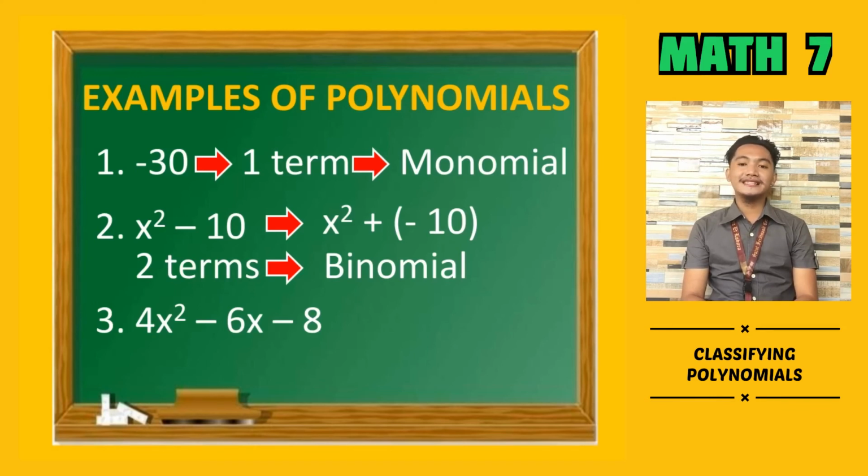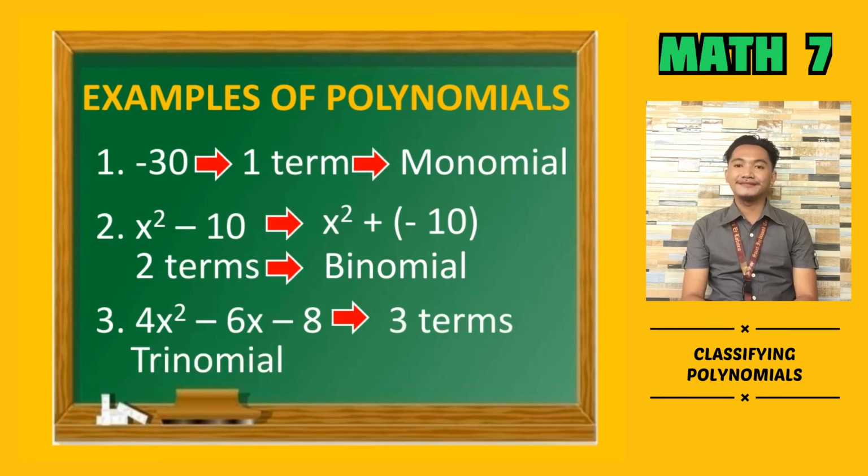It is just like saying that it is the sum of the monomials 4x squared, negative 6x, and negative 8. Since it does not contain fractions or radical signs, we can proceed to the next step, which is to count the number of terms. The given polynomial contains 3 terms, so we call it a trinomial.